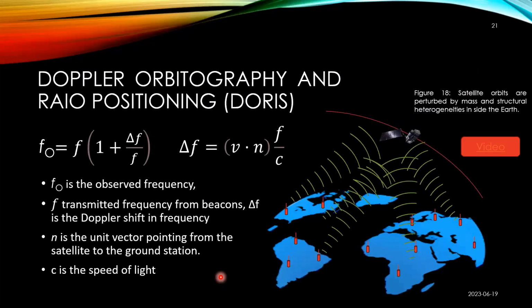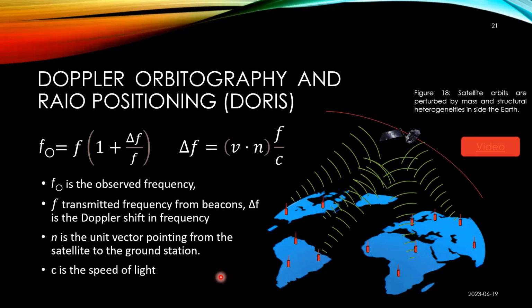Doppler Orbitography and Radiopositioning, DORIS, has a very similar principle to Doppler positioning or the Transit system. We have a source sending a signal, and when the source is getting closer to us, the frequency gets higher, and when it gets farther from us, the frequency reduces. That's what we know.